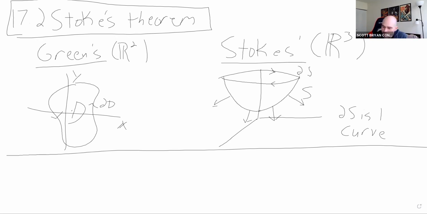You could have multiple boundary curves. You could have two or more. So we could have, say, a cylinder. Suppose we give it the outward pointing orientation, if this is our S. And then our boundary would consist of two pieces.